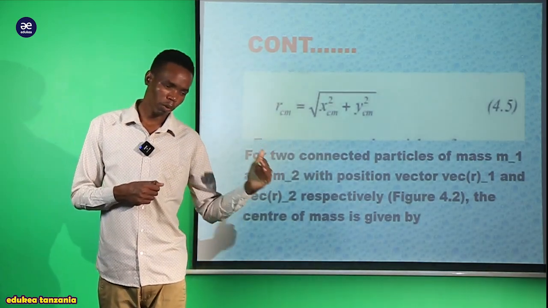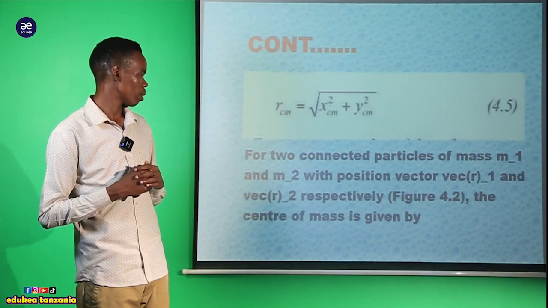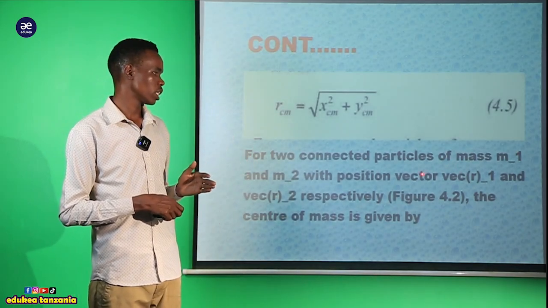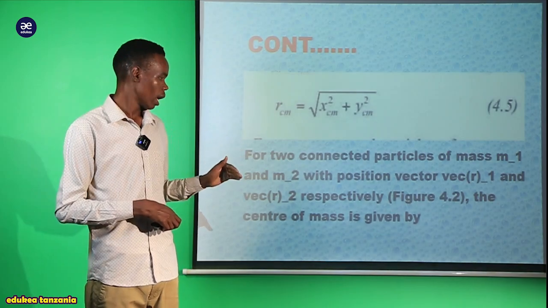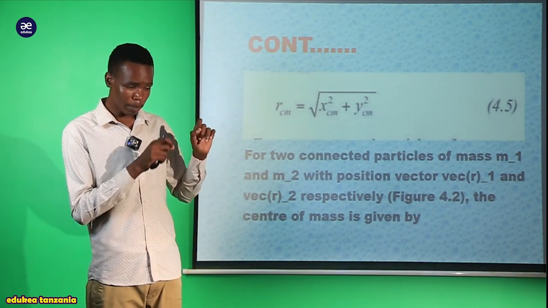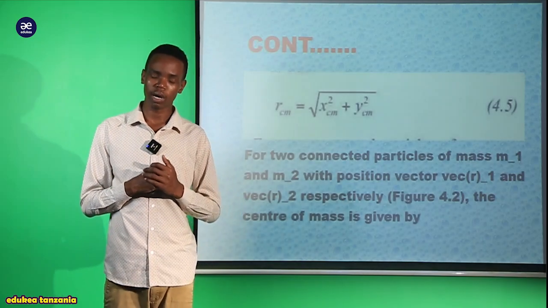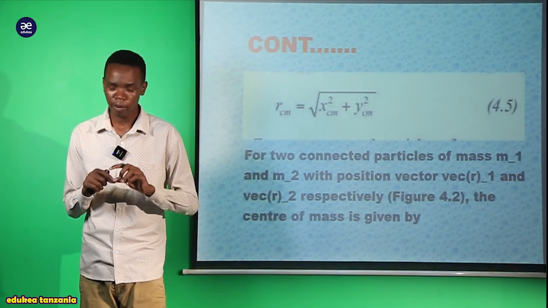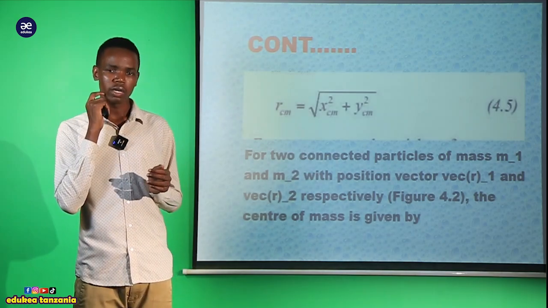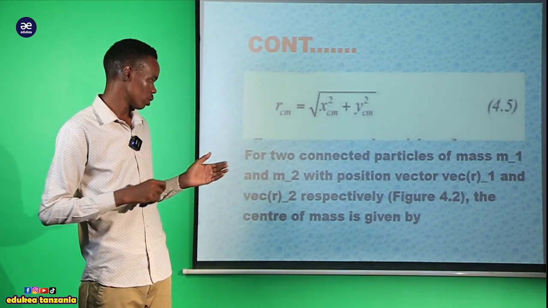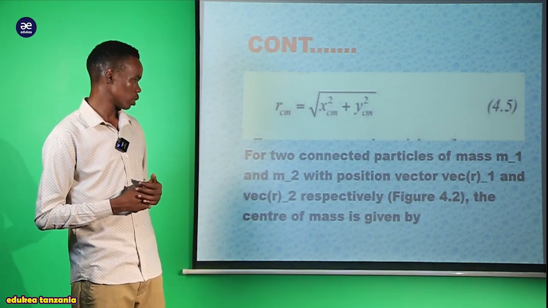The first particle contains mass 1 with position vector R1, and the second particle, which is connected there, contains mass 2 with position vector R2, as we observe in figure number 4.2.